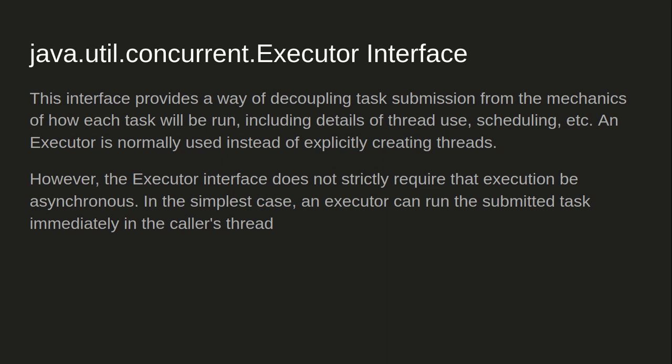However, the executor interface does not strictly require that execution is asynchronous. You can define an executor where the submitted task is immediately run by the calling thread, that is, the client thread which is submitting the task is the thread which executes it.